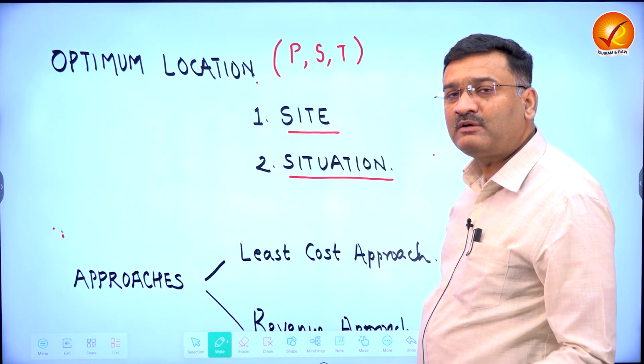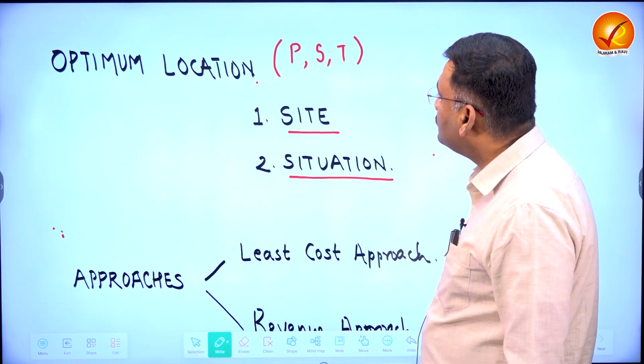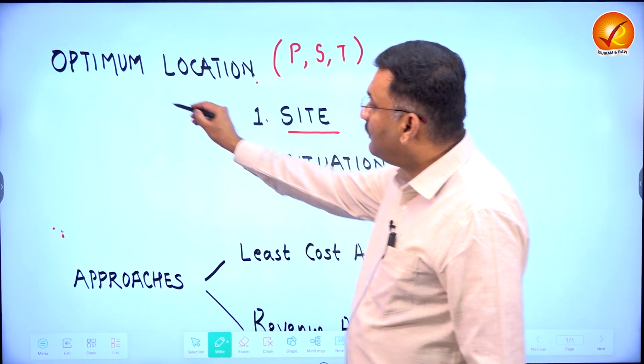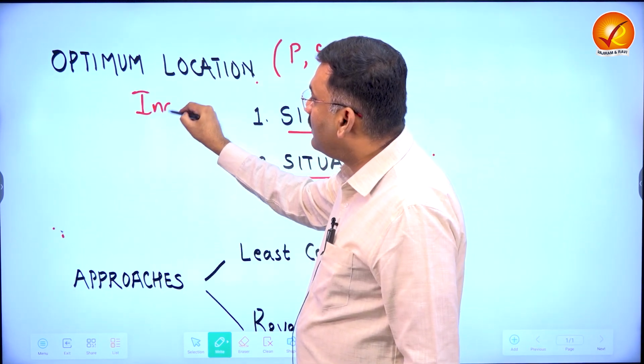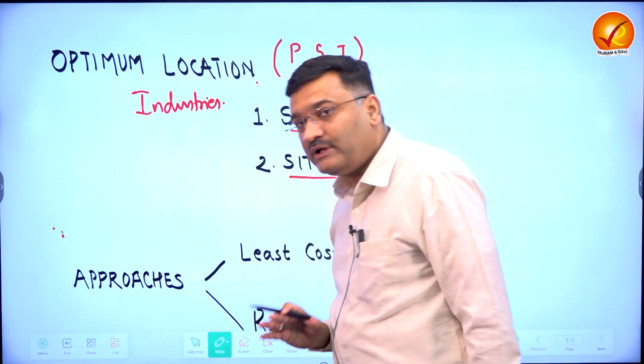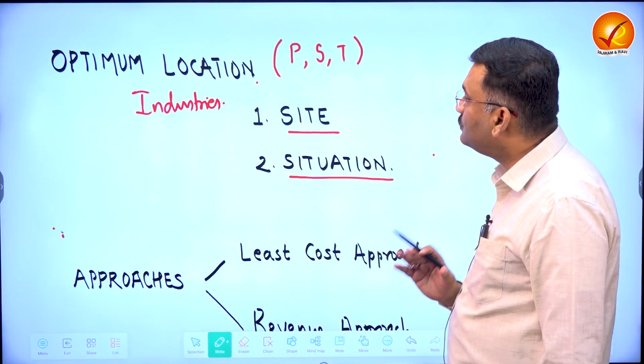So this is a basic formula which can be applied to all types of economic landscape. Here we are applying this to the location of industrial landscapes. So industries also depend on two things.